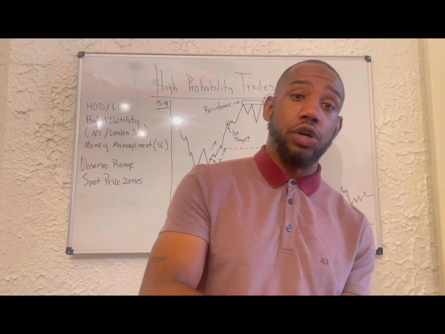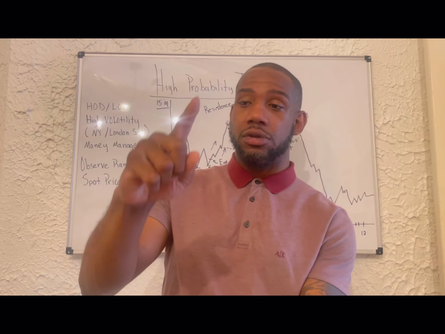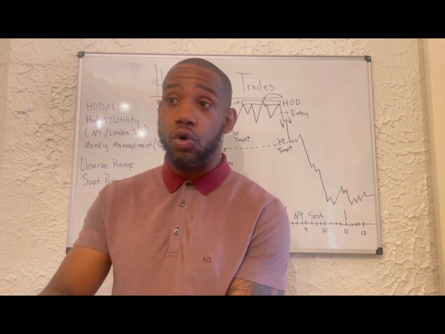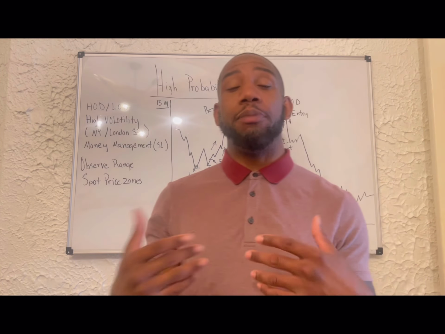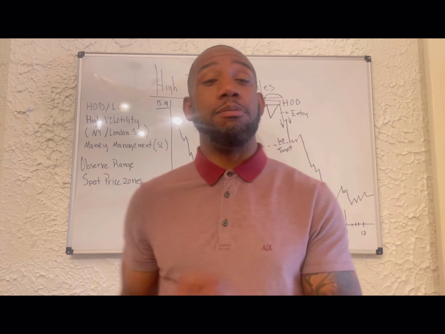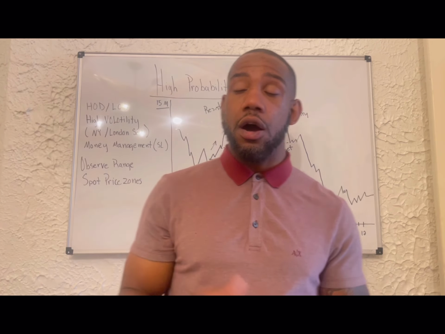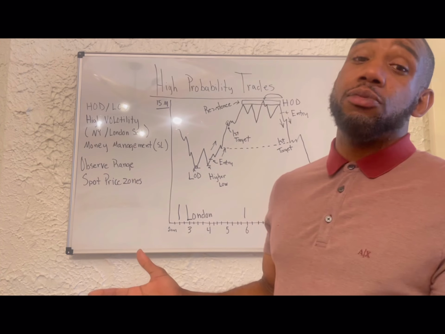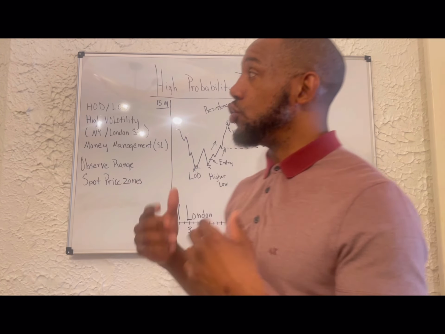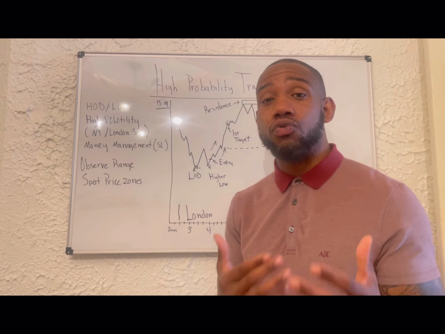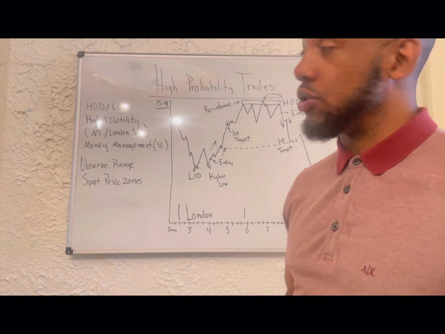It goes in the range, accumulating contracts, called accumulation or distribution. After it accumulates the contracts based on traders in the market, it makes its move. After it makes its move, it starts ranging again, makes another move, ranges again. You want to see how it reacts off of these price zones.